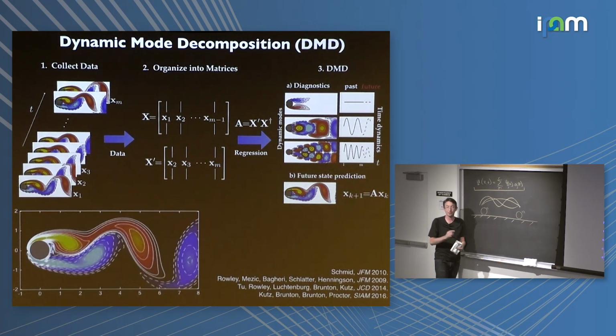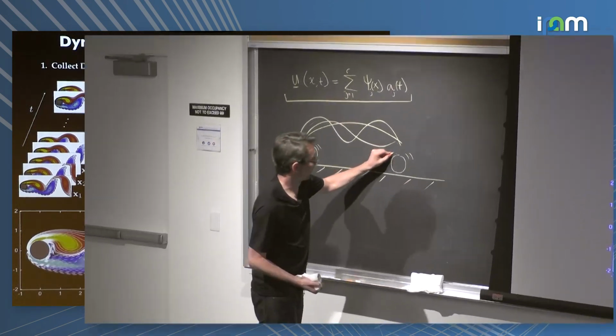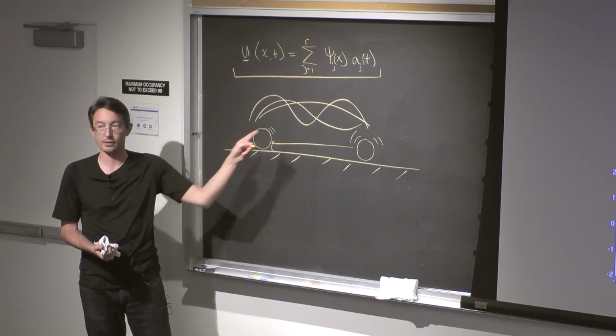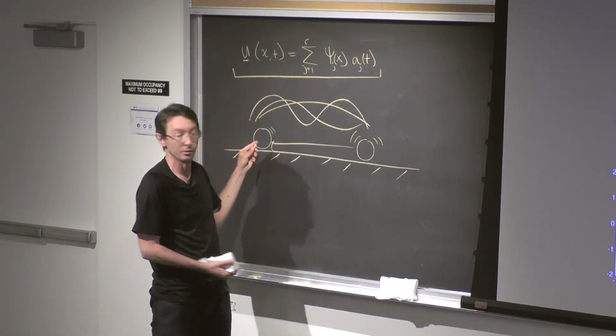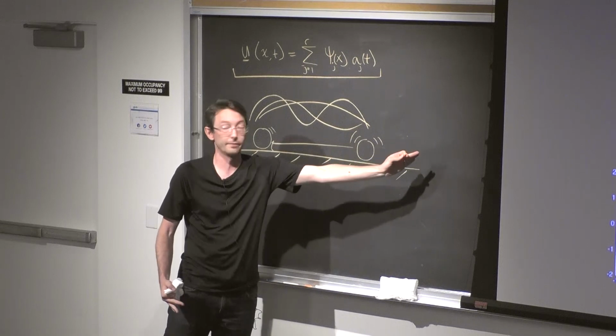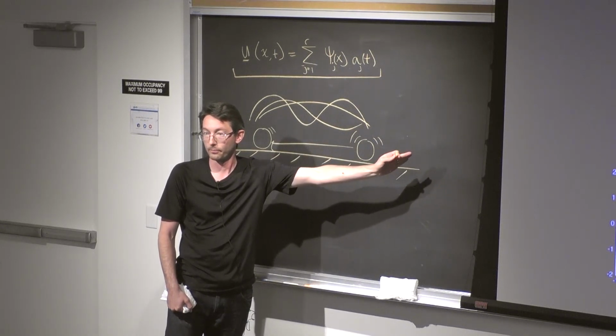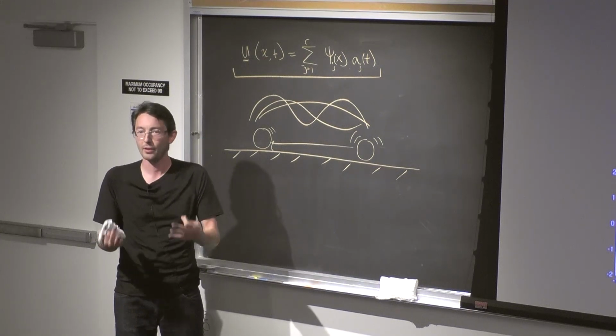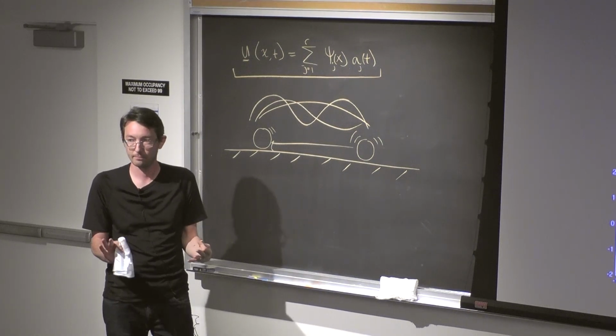But guess what happens when I go a little bit farther in time? My future state prediction tells me it reverses direction and goes right back because it's spanned by these sine waves. So the support of this model is from here to here. It doesn't know that physics goes that way. So there are fundamental problems with these space-time methods. You have to be careful in how you apply them. Okay?